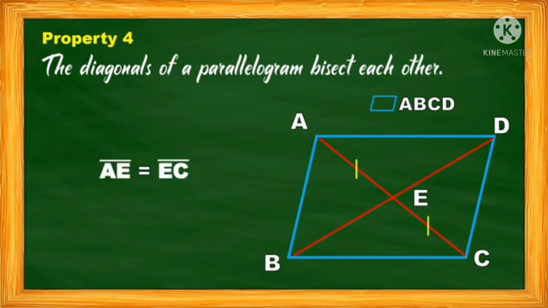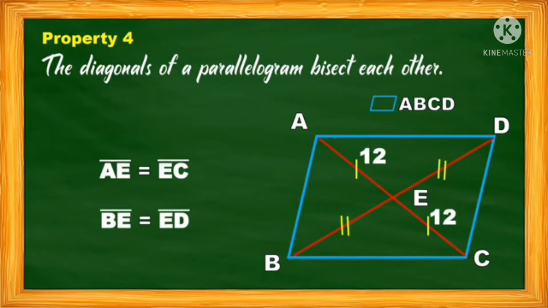In diagonal AC, segment AE is equal to segment EC. If segment AE is equal to 12, what is the measure of segment EC? Very good. Since they are equal, therefore, segment EC is also 12.